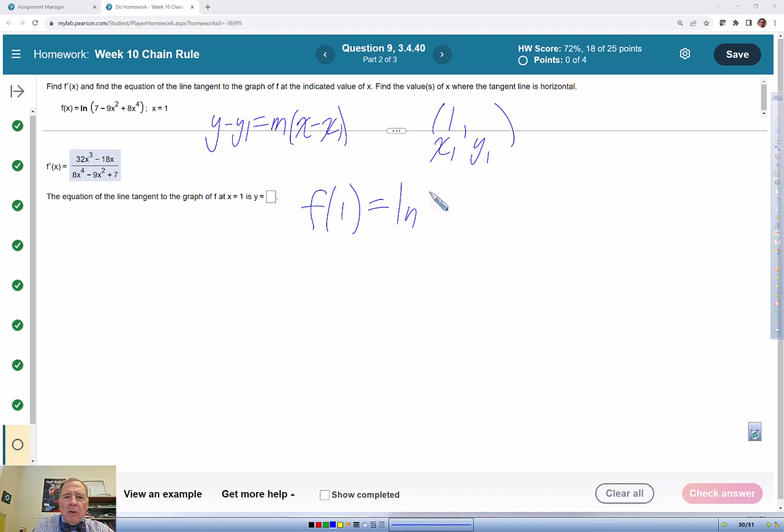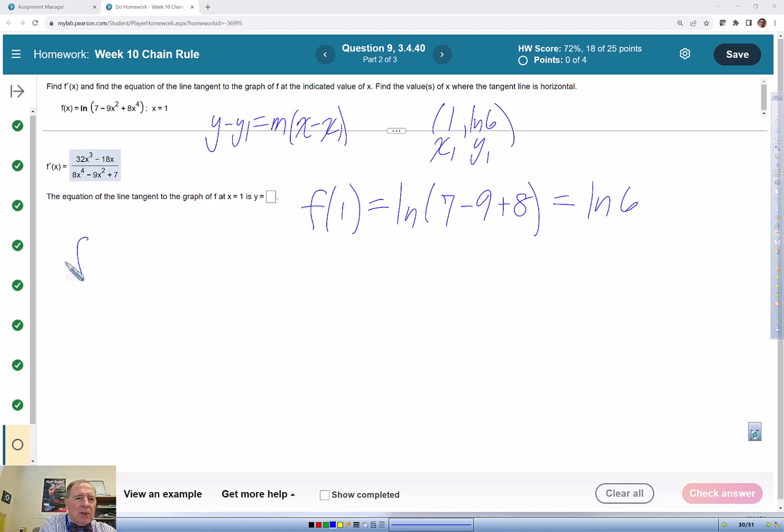So the natural log of 7, then 1 squared is 1, so 7 minus 9, 1 to the 4th is 1, so that's plus 8. So that's going to be the natural log of 6.